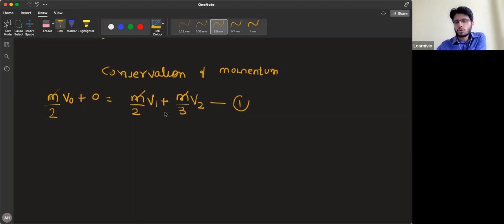See, there are two variables, v1 and v2. You need another equation, which can come from conservation of kinetic energy. So this is the second equation, conservation of kinetic energy.